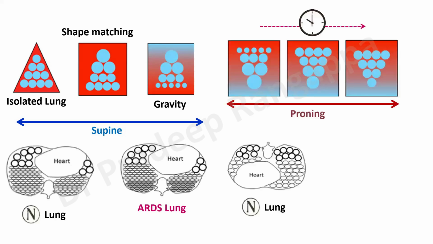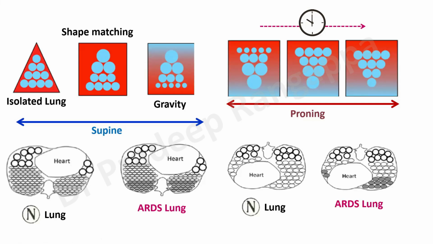So when you prone the patient, even in normal lungs, you see there is a nice recruitment that happens in the dorsal aspect, and so is the ventral aspect. But there is no hyperdistension of the ventral aspect. And then here the shape rematching happens. And then the gravity also has an impact. And as you see, all the basal structures get opened up.